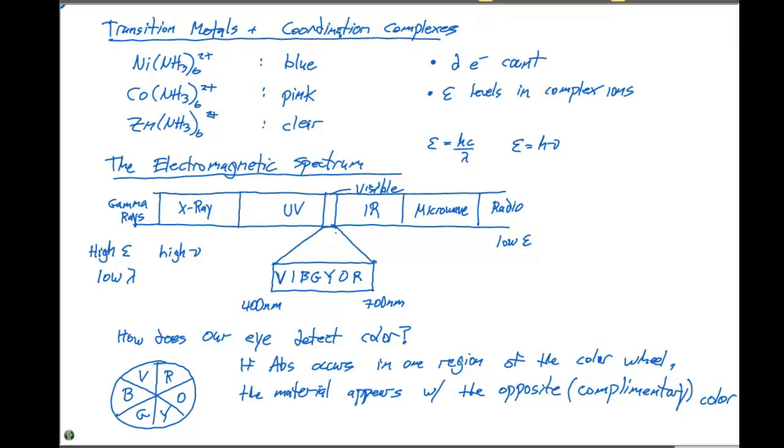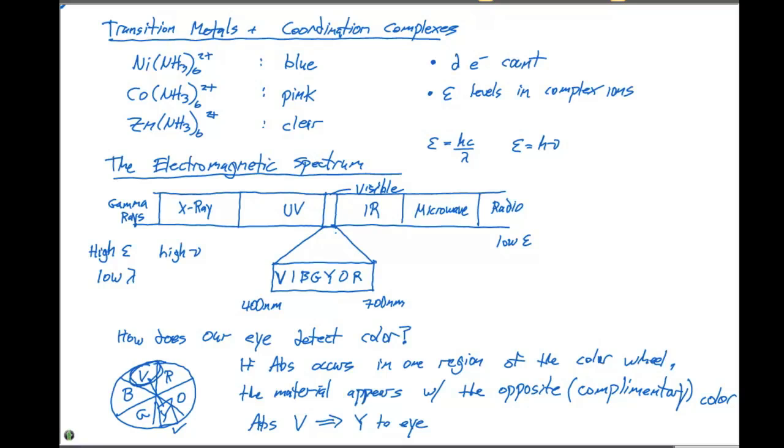Hopefully you've seen this before. If the material we're analyzing, or our complex ion, has an absorption in the violet region of the spectrum, it's going to be yellow to the eye. Because if we look at the color wheel, if our absorption is violet, the color to our eye is going to be the complement, or the opposite on the color wheel, which is yellow.